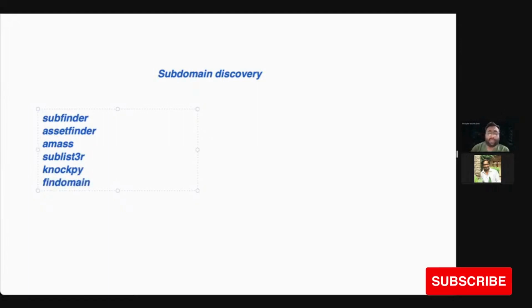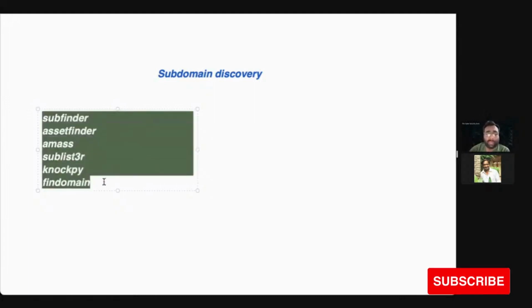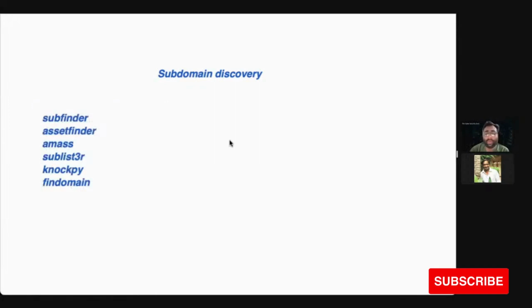These 6 scripts are used to find subdomains, and with their help you can collect the various subdomains related to your target. And with the help of ANU, you can filter all these results and store them into a single file.